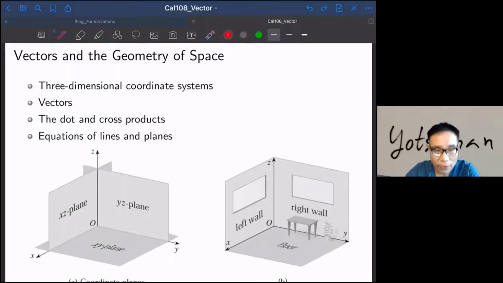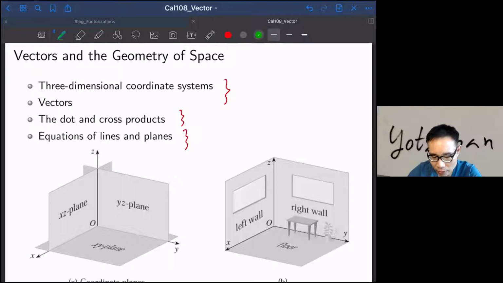So I'm going to divide the lecture into about 3 parts. The first is going to be like a foundation for studying the vector in calculus 2, and the second one that we're going to discuss is going to be about the dot and the cross product. And the most important part, that is going to turn out to be several lectures, is the equation of lines and planes.